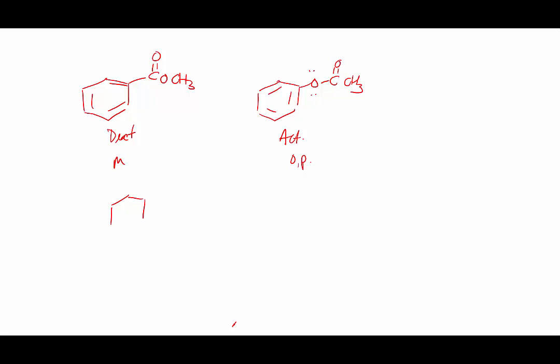And then the other question that I can ask, which will be the last one, would be I can now think about giving you groups that are not on the chart. So I could give you, for instance, a sulfonic acid and say, where is the sulfonic acid going to direct the electrophile? Is it going to direct ortho-para? Is it going to direct meta? Why?